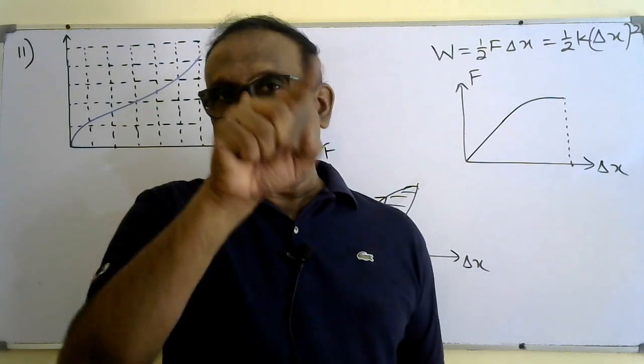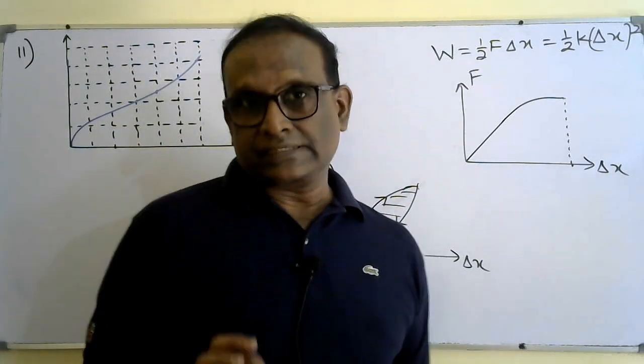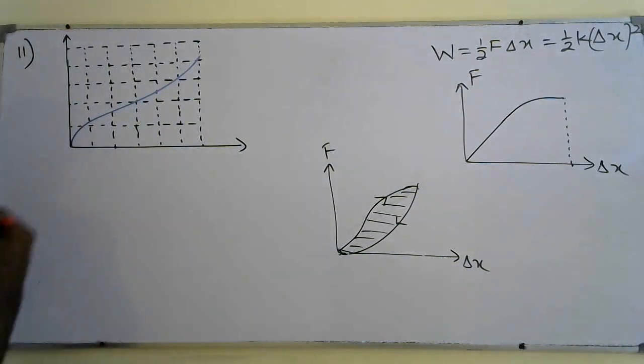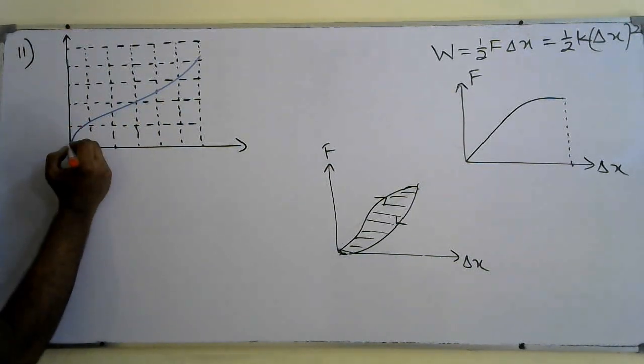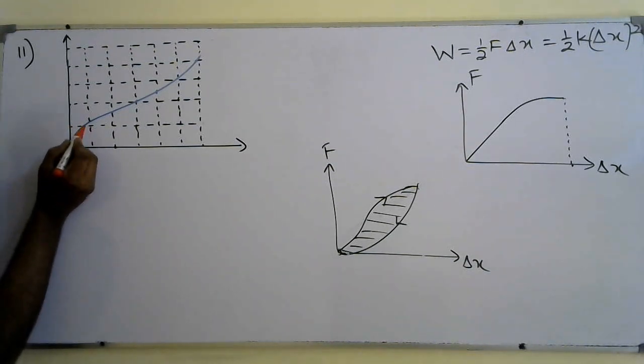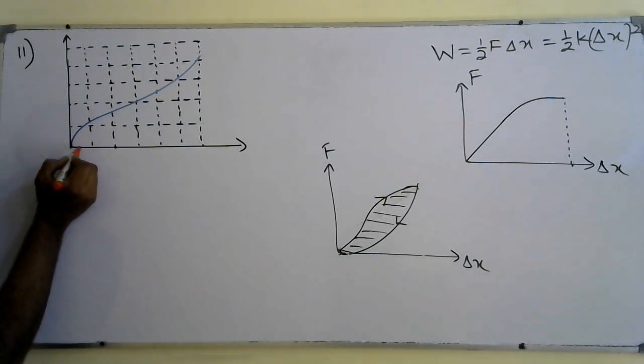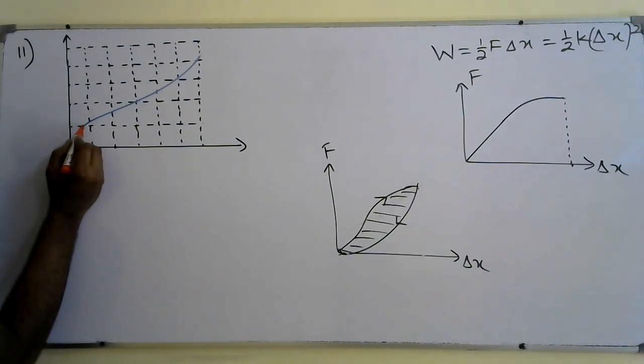That 5 into 5 square is taken as one division, right? When you consider this division, the blue graph is covering more than half of the square. Starting from here, if it reaches this edge, then we would say it's covering only half. But the graph is a little above.